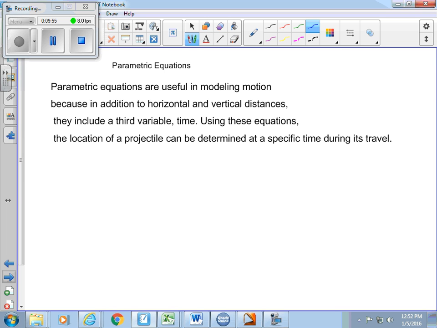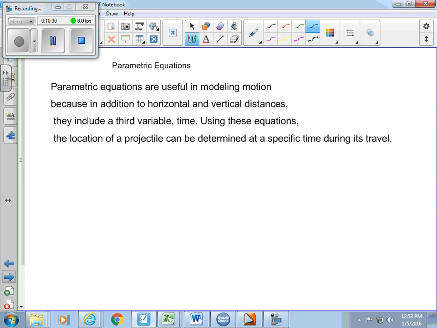Parametric equations are useful in modeling motion because in addition to horizontal and vertical distances, they include a third variable, so you know not only how much in its path, but at what time it is there, things like that.